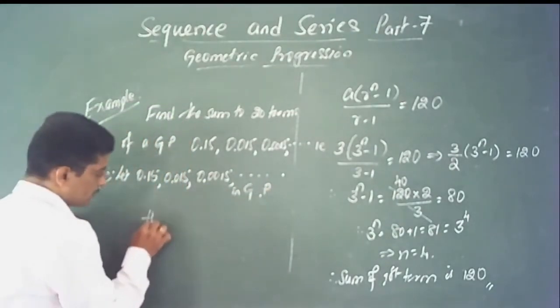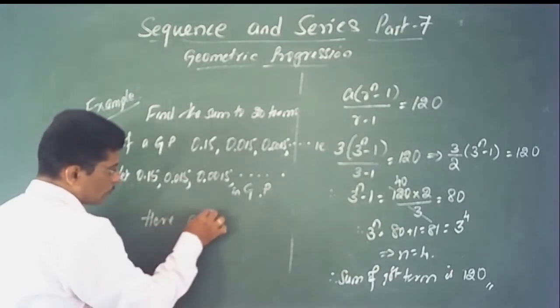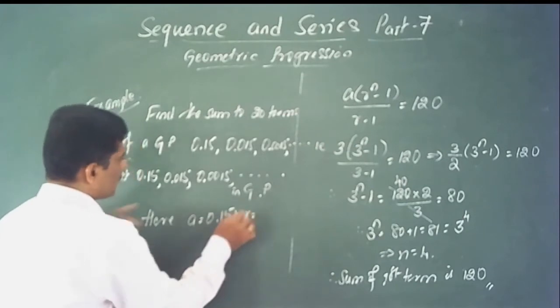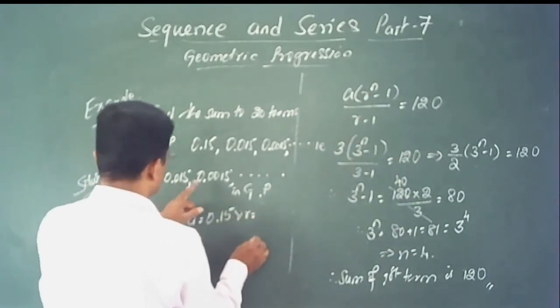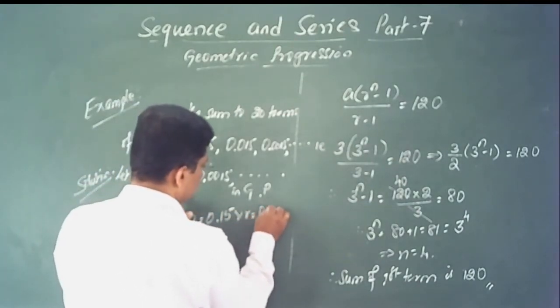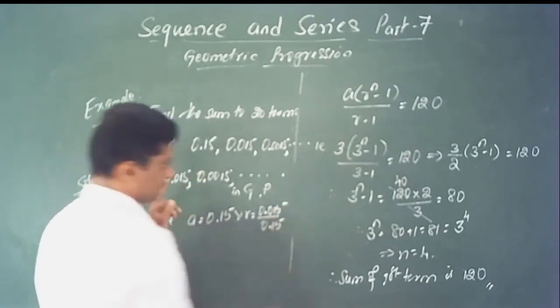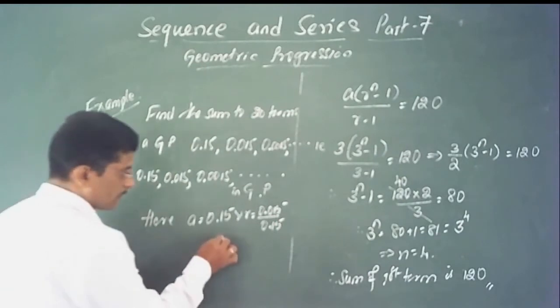Here you know that a is equal to 0.15, and what is the value of r? Any term divided by its previous term: 0.015 divided by 0.15. Simplify, you get its value.